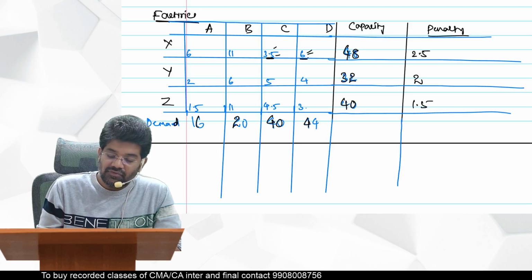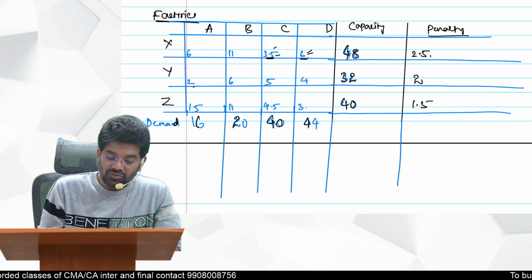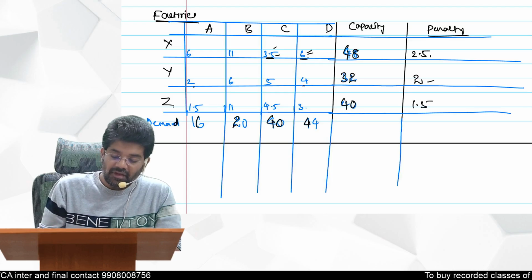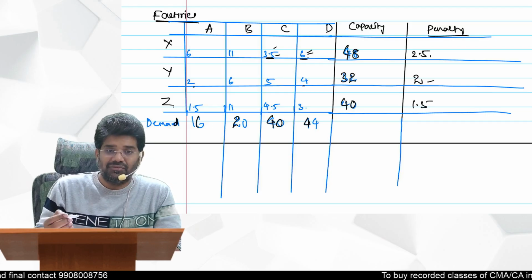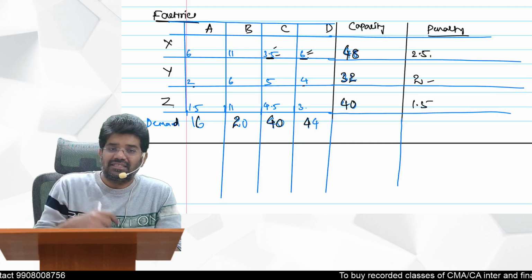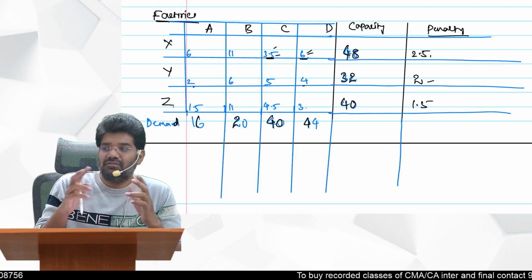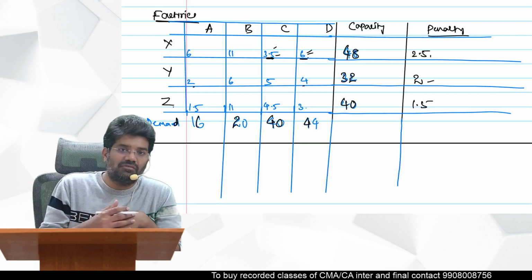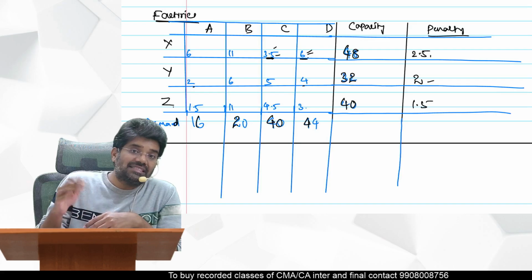3.5 and 6, difference 2.5. Again the second row, 4 and 2, so 2. Now you might get a doubt: what if there is a tie between least costs? Say here we have 3.5 and another one also 3.5. Then you should not go to the next least.